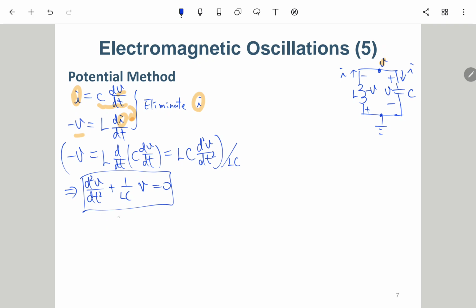Let's say, with some steps you can also write it as d2V/dt2 plus 1 over LC I equals 0. So the coefficient will be the same. What we only change is the variable.